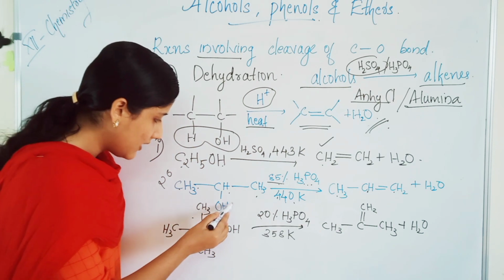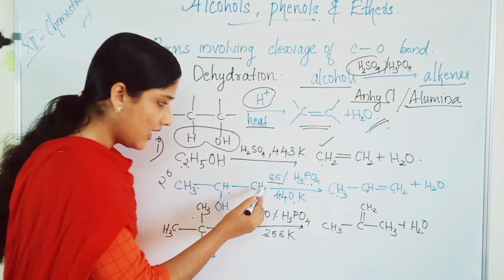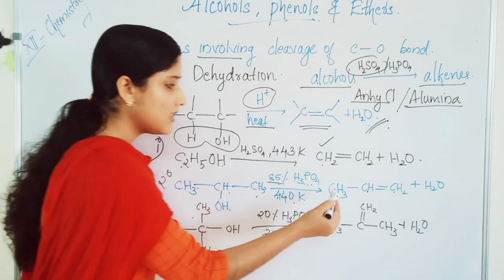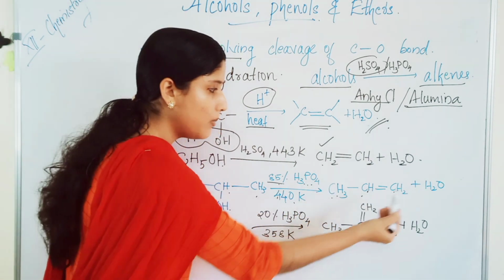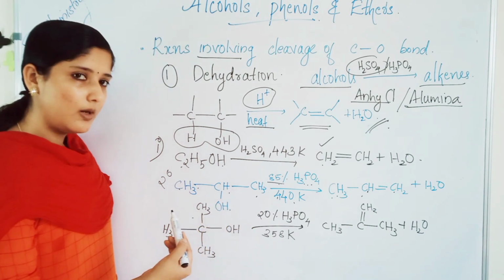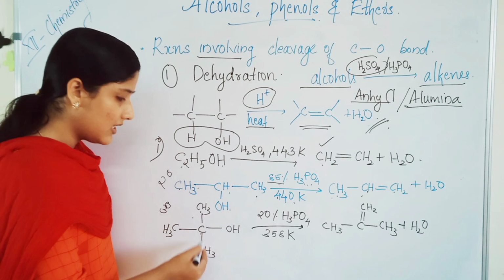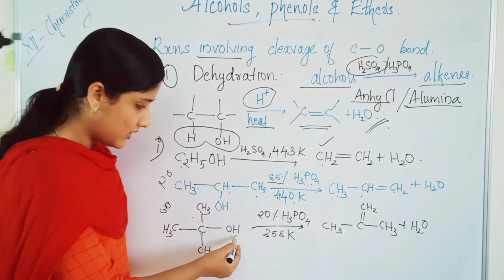That means one hydrogen from this carbon and another from the OH carbon will be removed, so here you will get a double bond. CH3CH=CH2 plus H2O, a water molecule, is removed. Next, the tertiary alcohol, (CH3)3COH.